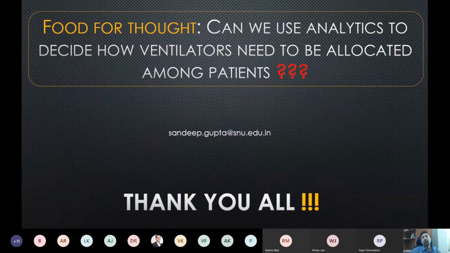We can use the data to project the spread and predict patient outcomes. Whatever data we have covers only a couple of months, and with that data we try to model the outcomes and the rate of spread.